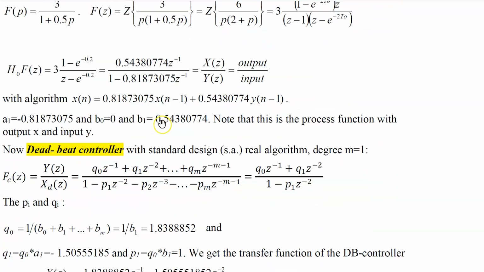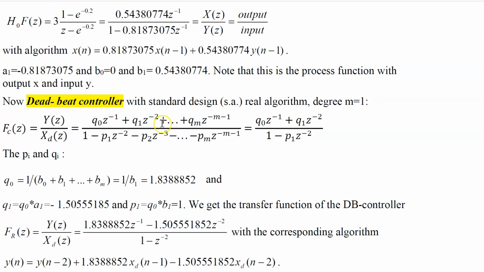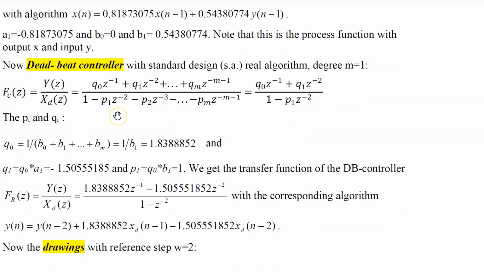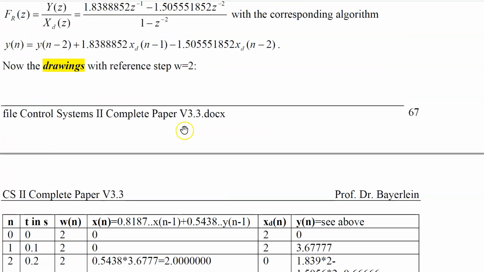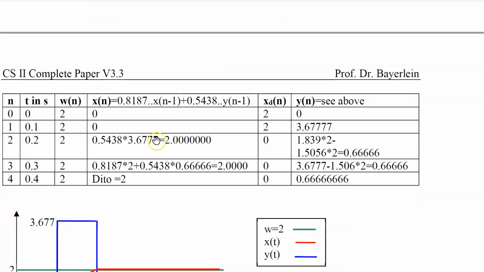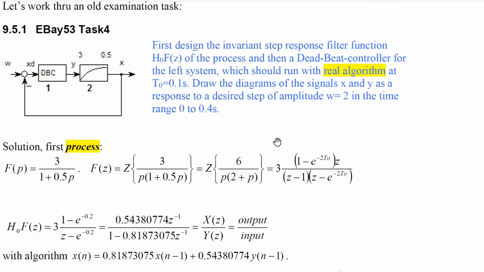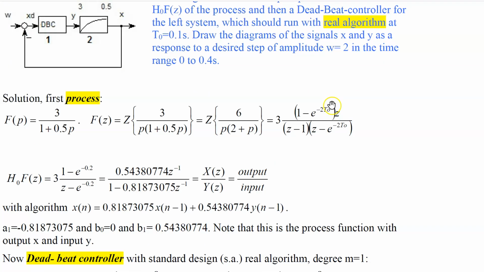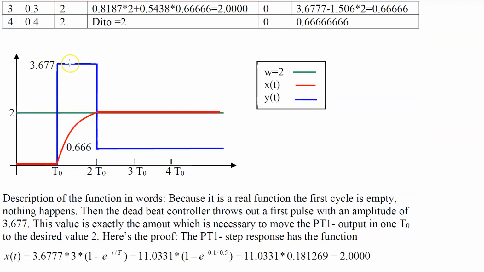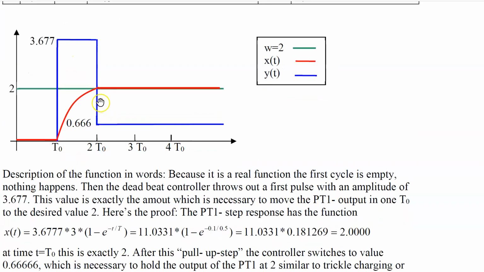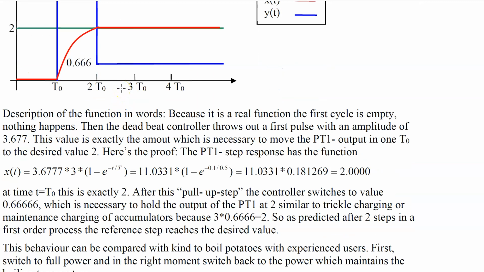The result is of course the same. Here I have calculated exactly the same values. The only difference to my example is that here we have not a unit step input, but the desired value jumps to 2. So all signals are a factor 2 larger. The first impulse is not 1.8 but 3.6 and so on. So I think this doesn't matter.